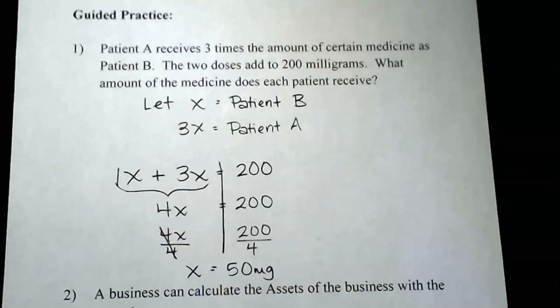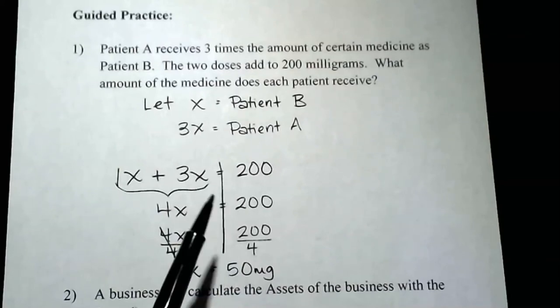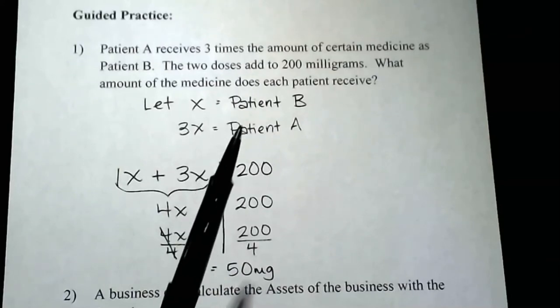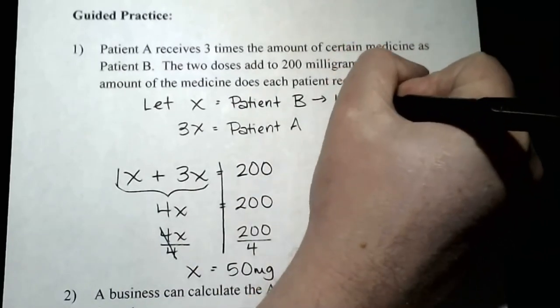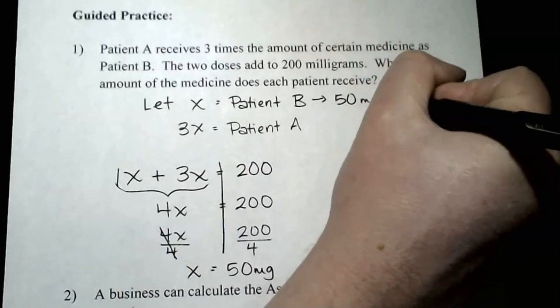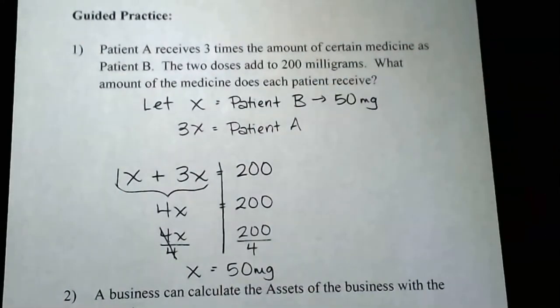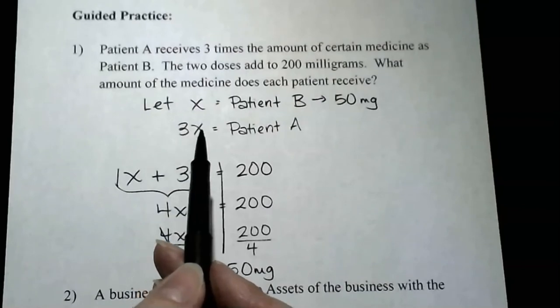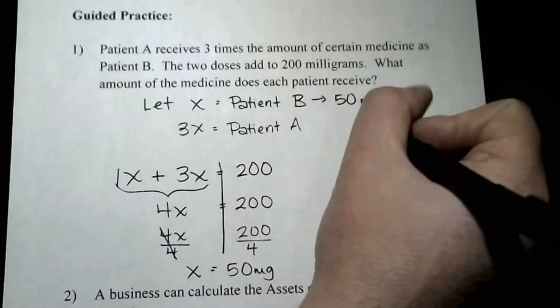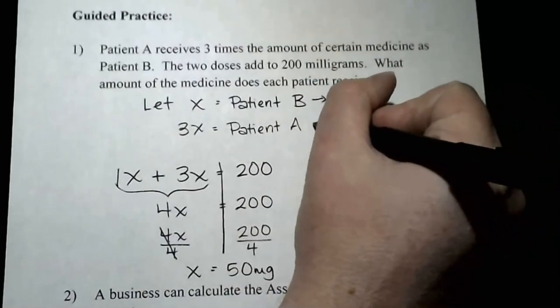Okay, now what we just solved for, x, is what we said patient B's medication was. We said x was patient B. So we just came up with that one. To figure out how much patient A gets then, we're going to have to plug in 50 in place of the x here that we set. And that'll tell us how much this person's going to get.